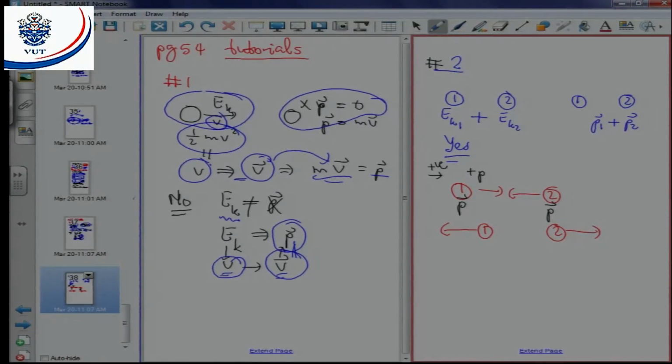It's plus p, then this one is moving in the opposite direction, so it's minus p. So then the total momentum is the sum of the two, so we get 0. And even here, if I have momentum p for 1, which is plus p, if I choose that as positive, then this one is minus p, so the sum is just p plus minus p, which is 0.